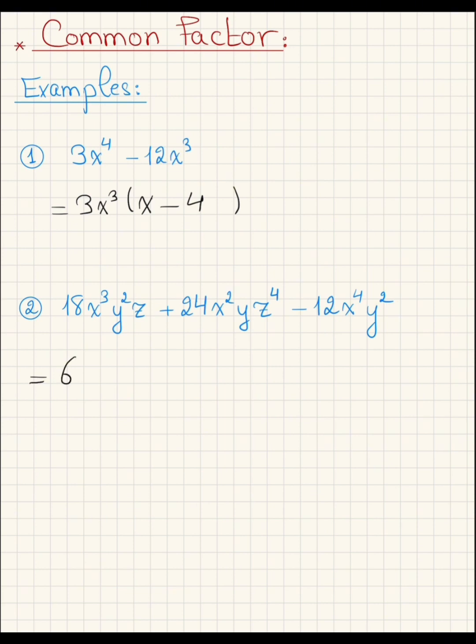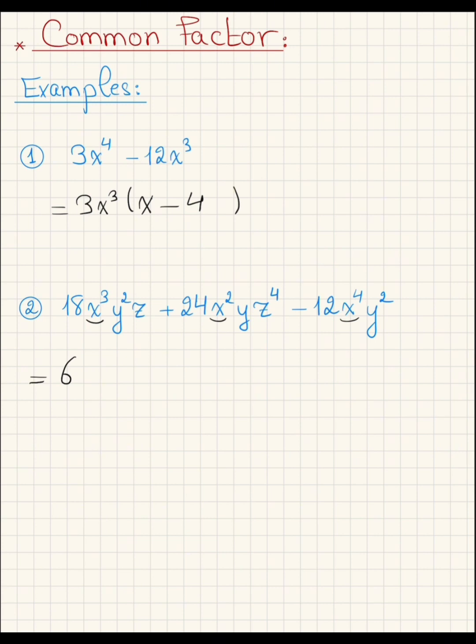What about the letters? I check them letter by letter. So we have x to the power of 3, x to the power of 2, and x to the power of 4. This means the letter x exists in each term. So x to the power of some exponent will be a part of the common factor. But what is this exponent?